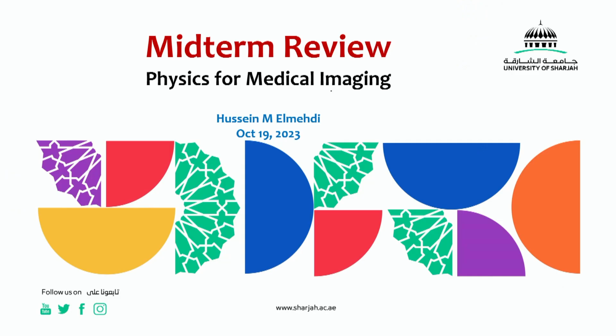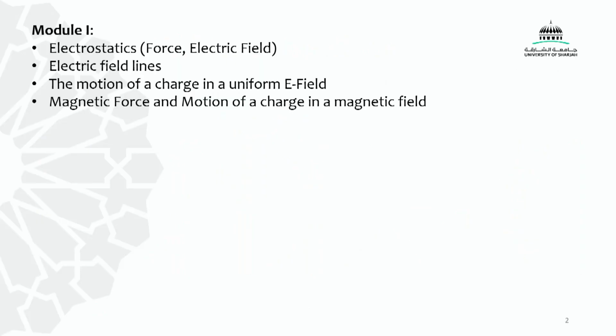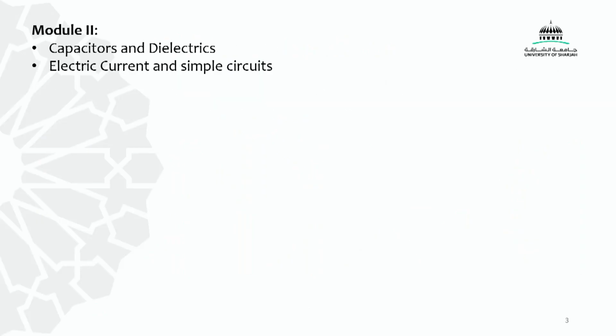This is the second video, which will be part 2 of the revision. As we said yesterday, we have covered module number 1, electrostatics, and module number 2, which is capacitors and dielectrics, and electric current and simple circuits.